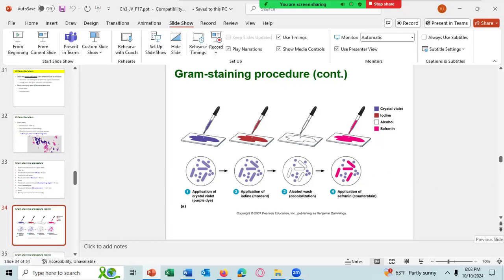With the differential stain, like the Gram staining procedure, what would be used if they were studying a virus or a disease? Well, a virus you can't see with a light microscope. You do stain cells with an electron microscope, but it's a little different than the Gram stain.